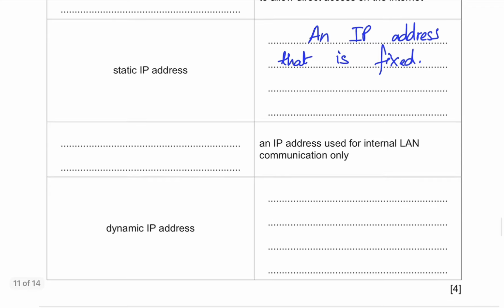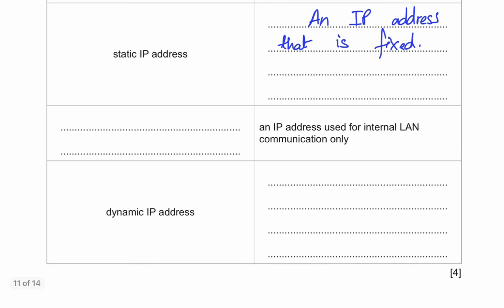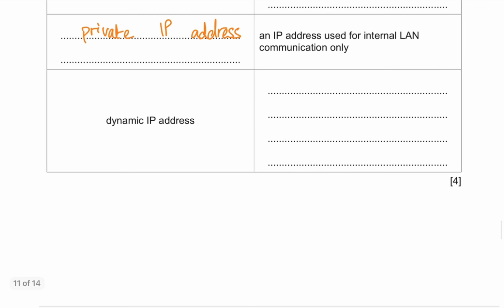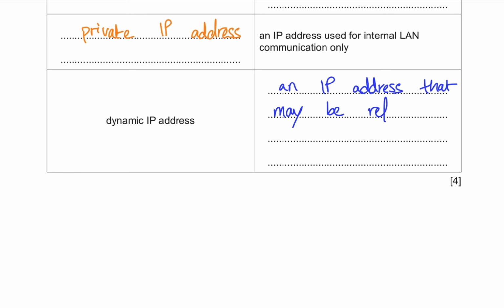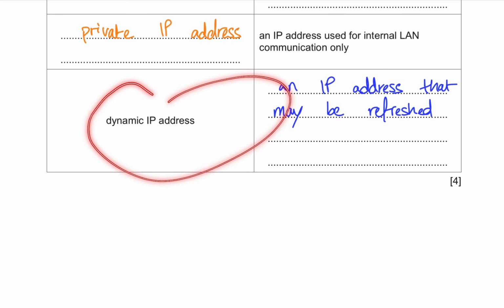An IP address used for internal LAN communication only is a private IP address. Dynamic IP address: an IP address that may be refreshed or change each time a device rejoins a network, a LAN.